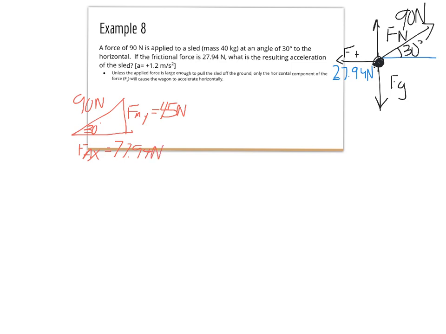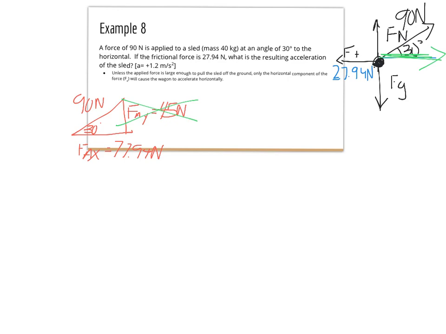All right. So what we know is that this sled will be accelerating along the horizontal in the end. Okay, so its path will be horizontal. Therefore, tricky enough, we actually don't care about the y direction in this one. It's not being lifted up. Okay, so that is the tricky part here.